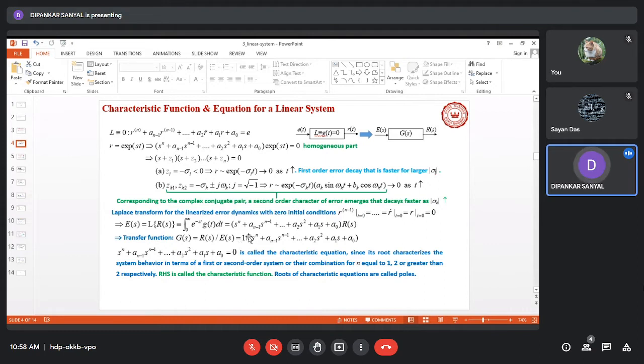And of course, the numerator polynomial would be at least one order less than the denominator polynomial, and in fact, that would be the rational form for this kind of most general transfer function.